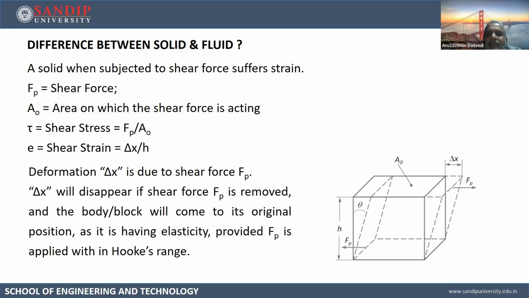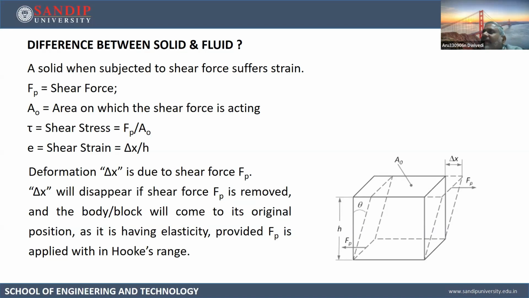Now here, because of this shear force, what is happening? The top surface of the block is deforming by the distance delta x. Because the shear force is acting parallel to the surface, this delta x you are going to get parallel to the surface, and across the direction of the shear force, the dimension is h.